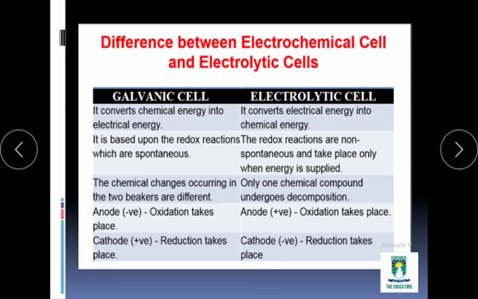On the other hand, in an electrolytic cell, the anode has a positive charge and the cathode has a negative charge, and the same oxidation and reduction take place at the anode and cathode respectively. So in all other cells, the anode is always positively charged and the cathode is negatively charged.